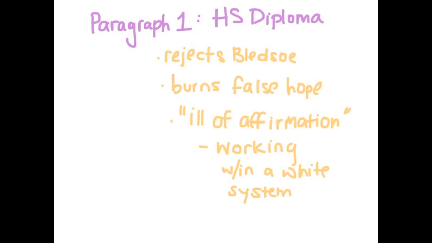Because Bledsoe represents this false hope of the system, and in doing so, he quits this cycle of hope and disappointment that he's played into, and ultimately the narrator sees that he has to rise above pleasing others. He is ill of affirmation, and that would be a quote to use in the essay that would make your argument that much stronger.